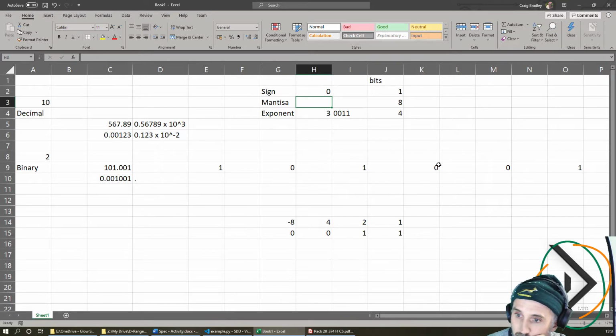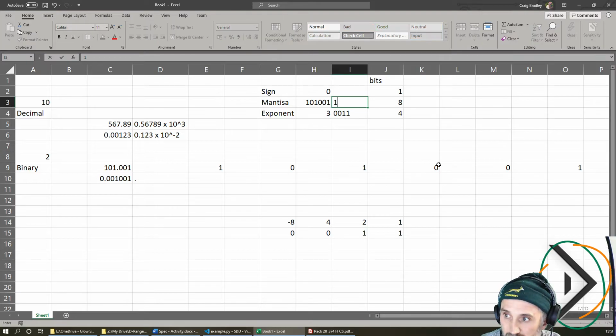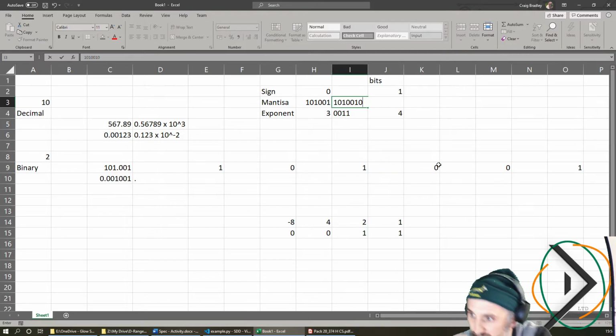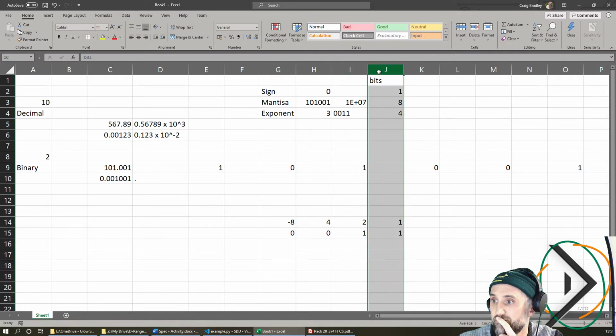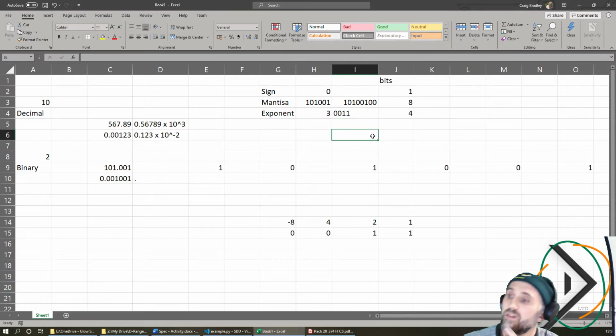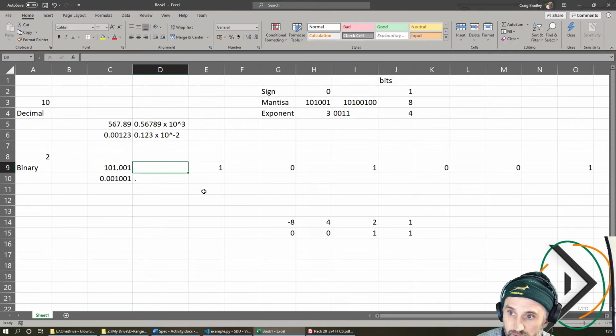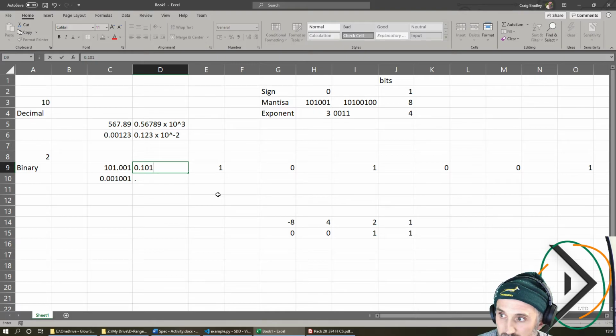To come up with the number 101001 using 8 bits, I would need 10100100. That's 1, 2, 3, 4, 5, 6, 7, 8. So the equivalent in binary for this would be 0.10100100 times 2 to the power, because remember it's a base of 2, 0011.